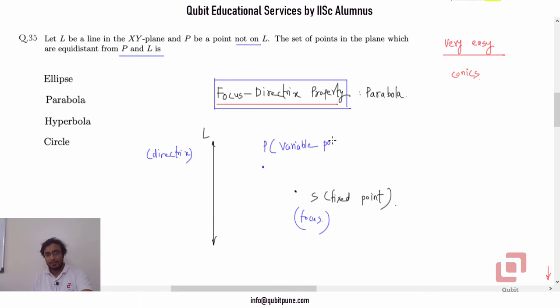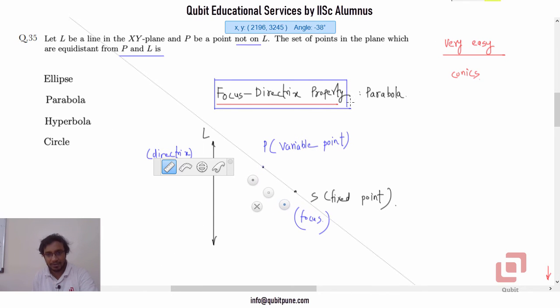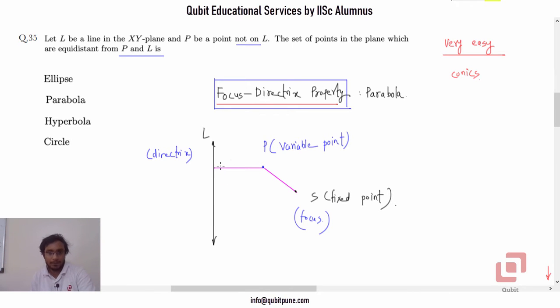Now P can be anywhere, but we only want to pick those points P such that the distance between the point and the fixed point S, this distance SP, should be equal to the perpendicular distance of the point P from L. Suppose the foot of the perpendicular is M.